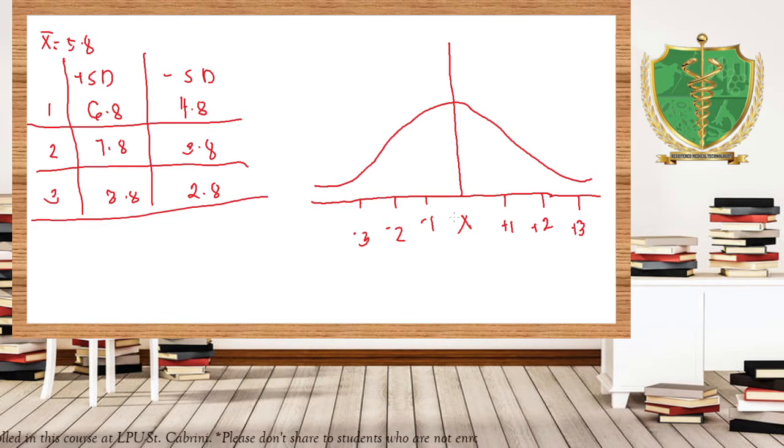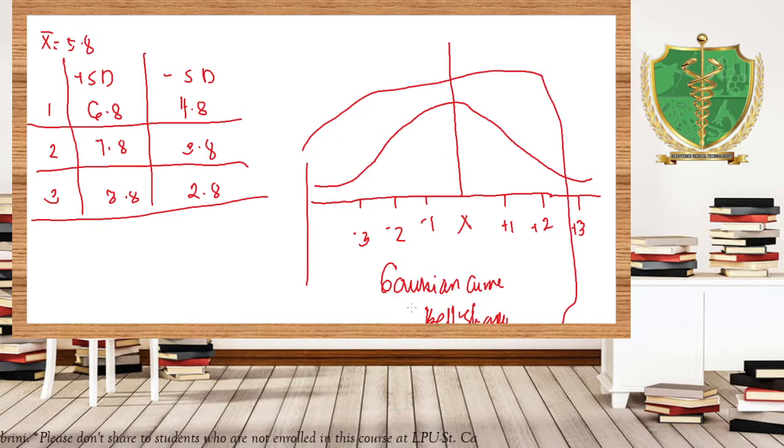A while ago, I taught you the Levey-Jennings chart. This time, we are going to plot our values in the Levey-Jennings chart. The Levey-Jennings chart is different from this one because this is our Gaussian curve, which is usually a bell shape. I'm going to teach you also how to make a Gaussian curve in Excel.